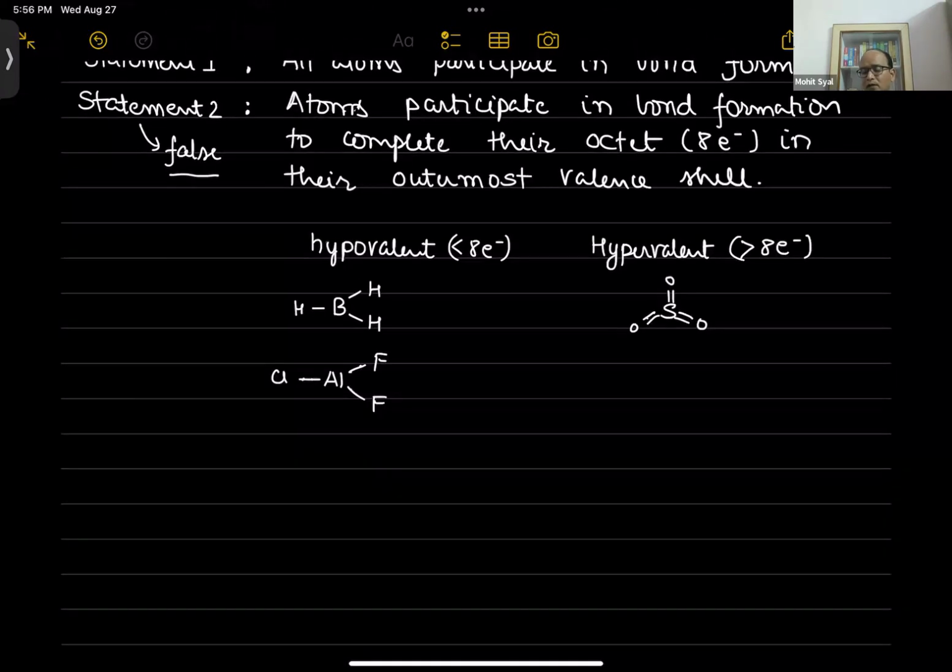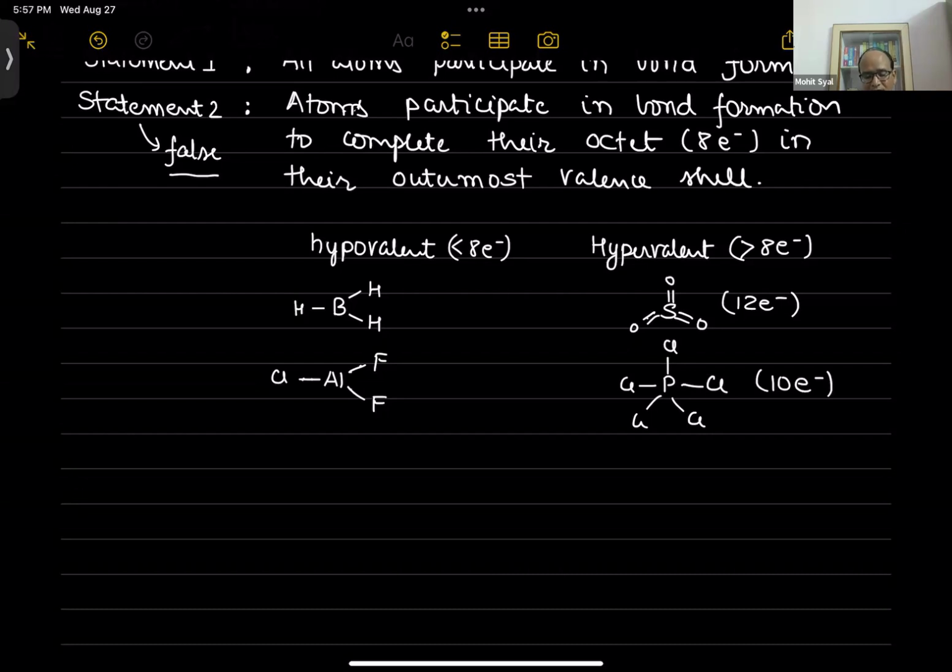And then PCl5. How many bonds? 5. Each bond, I'm drawing the structure as of now. 10 electrons.